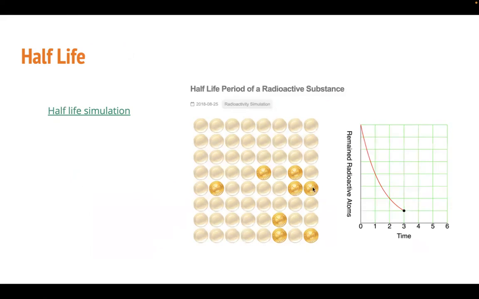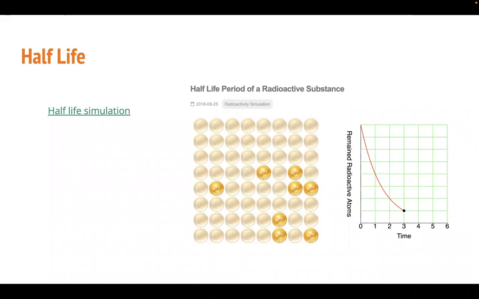In the beginning, you have all of the gold coins showing, and then you run the simulation, and the graph will go part way, and half of the gold coins will flip, and then you hit the simulation again, half of them will go away, and it will be reflected on the graph. So the students can count the remaining coins and look at the half-life that goes by. It's a very simple way of showing half-life instead of dragging out an entire lab. It's something really simple and quick to show half-life.